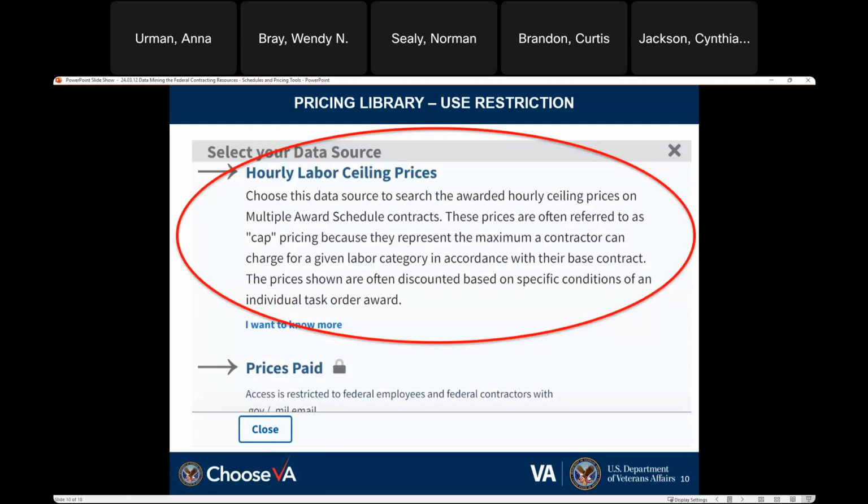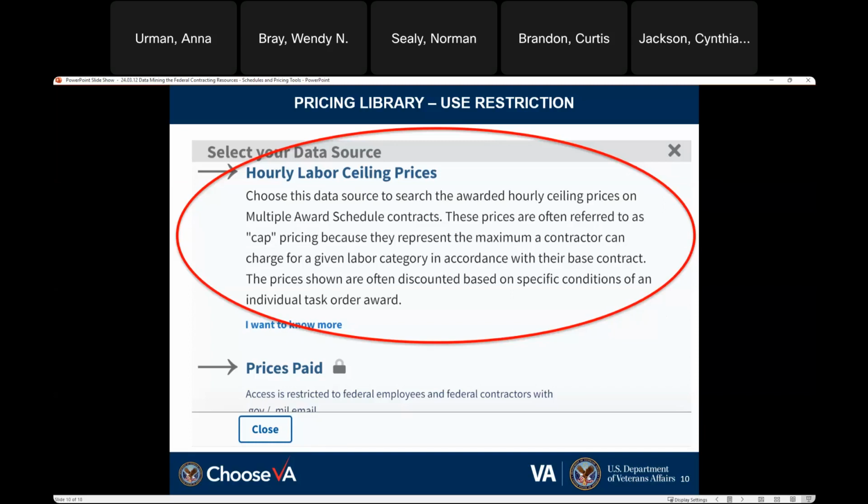Now, that includes those GSA schedules, multiple award schedules, federal supply schedules. So in those GSA schedule contracts, as well as other GSA government-wide acquisition contracts like 8(a) STARS, Alliant, OASIS, things like that. And I'll show you how to get to those prices and the sources, so the contracts that those ceiling prices come from.